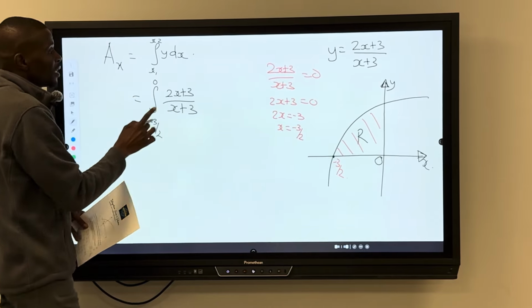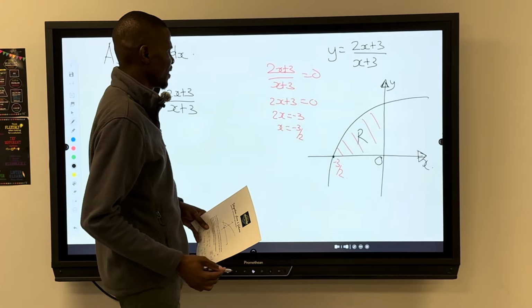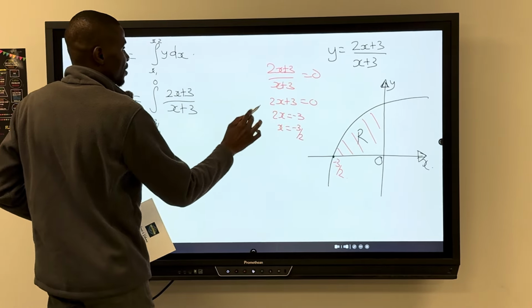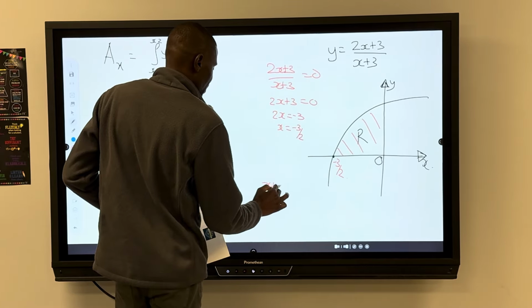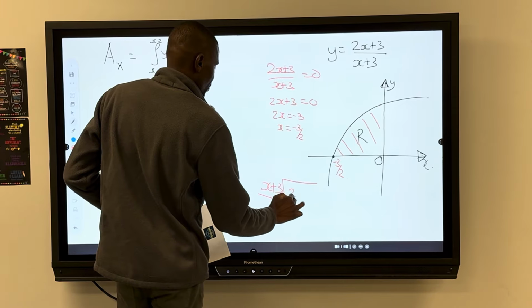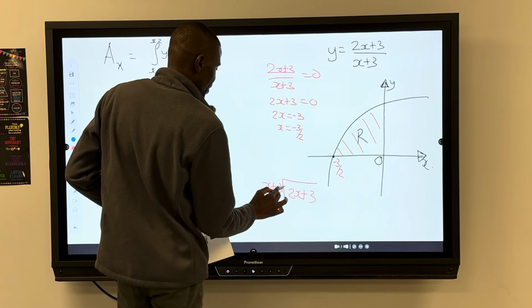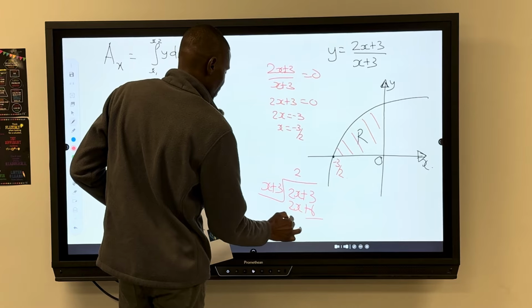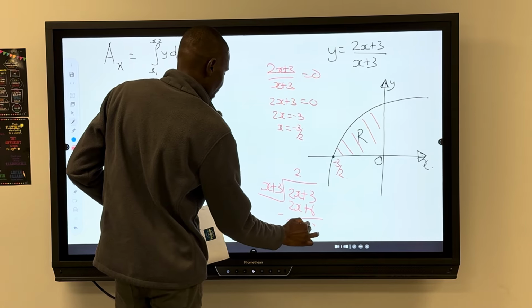So guys, let's divide that, then we determine the integral technique to use. So if we say x + 3 into 2x + 3, that's 2, 2x + 6, so that's -3.